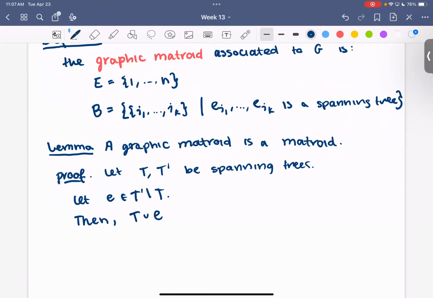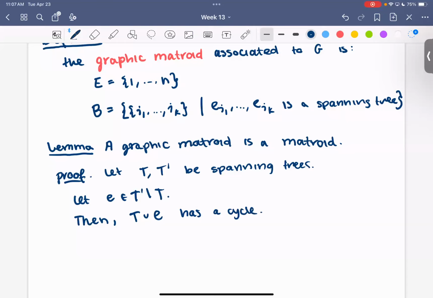So what happens when I add an edge to a tree? Yeah. You create a cycle. Yeah, so this creates a cycle. But I can get back to a tree by just removing any edge from the cycle.